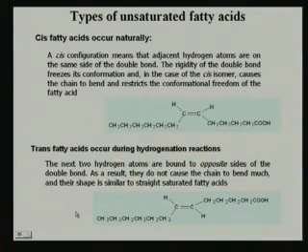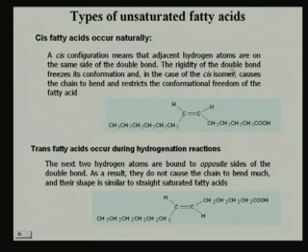Now, if suppose we are talking about the cis and trans configuration, then we can find that a cis configuration means that the adjacent hydrogen atoms are on the same side. See here, it is on the same side of the double bond.